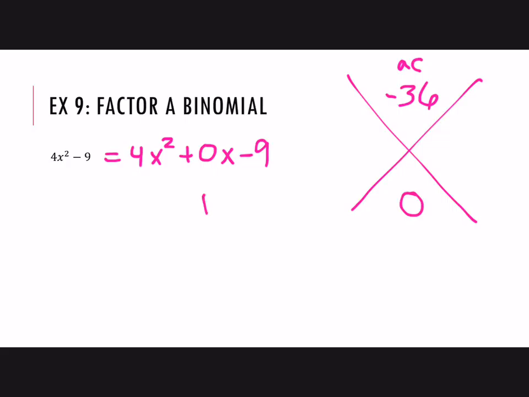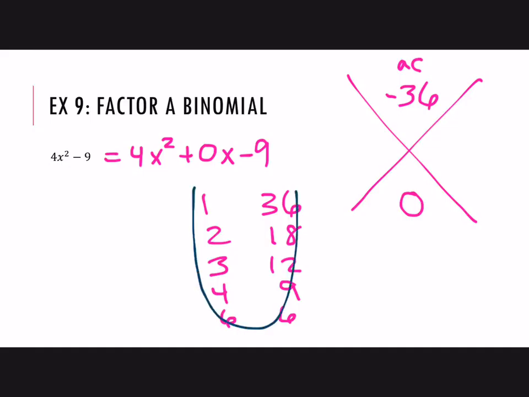So you can go through and write your list of factors: 1 times 36, 2 times 18, 3 times 12, 4 times 9, 6 times 6, and then we stop. We're in the middle there. Okay, we've got a complete list of factors. Make one of those negative and see which one adds up to be 0. It's going to be this one, 6 and negative 6.